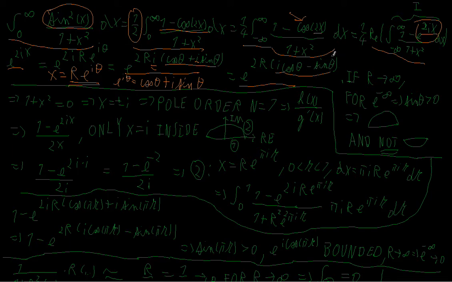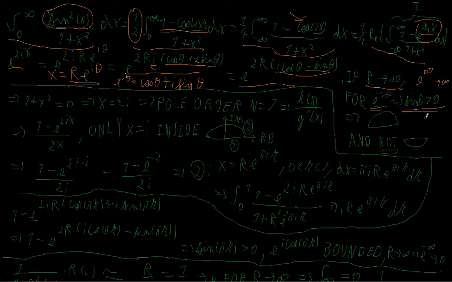Now if we let the radius go toward infinity, to get an exponential decay, e to the minus infinity, that will tend toward 0, we need sine of theta to be greater than 0. Because if sine of theta were negative, we would have negative times negative, so positive, and so we would have e to the infinity at the end, and that would diverge, and that's not what you want.